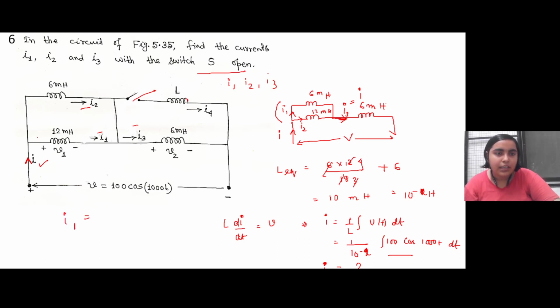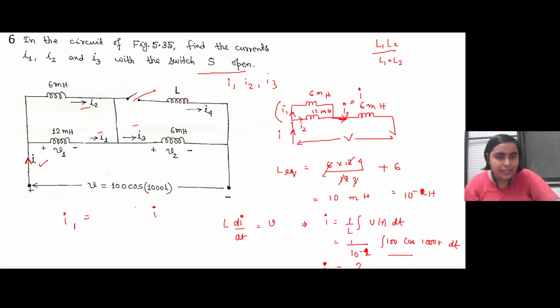You see, inductance is similar to resistance. If two inductors are in parallel, the equivalent is equal to L1 L2 by L1 plus L2, right? So it will be similar to the resistance. The current division will be opposite to the value of their inductance. So what will it be?